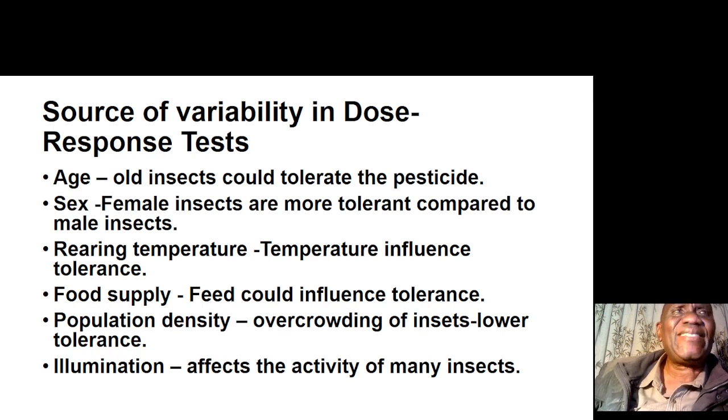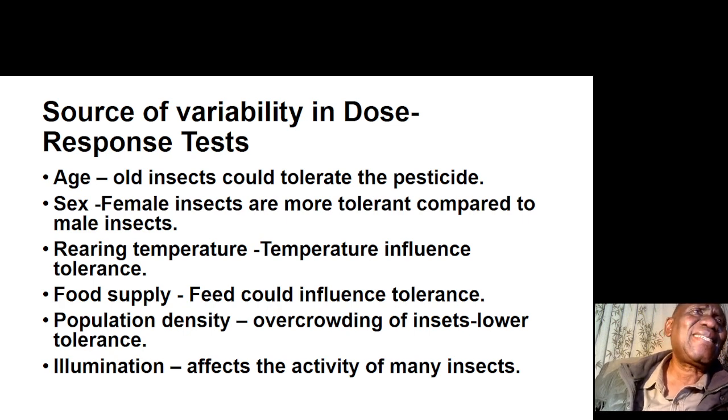Number one, age can affect our results. We may end up saying the product is not toxic, yet it is very toxic. The reason could be we have used old insects which can tolerate the pesticide. So we tend to underestimate the toxicity.